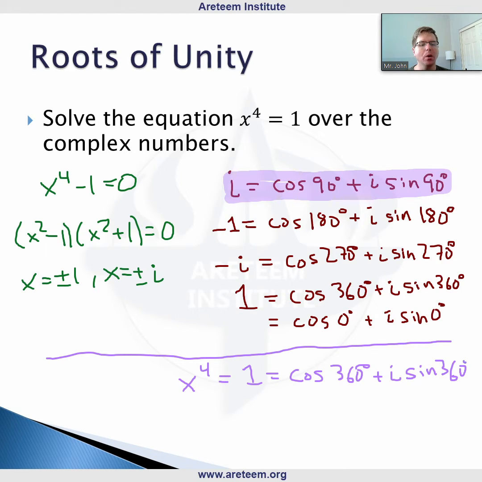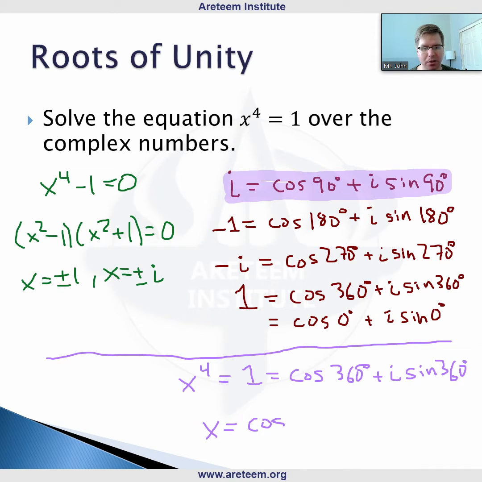Now, why do I want to write it like this? Well, by de Moivre's theorem, when we raise something to a power, when we have x to the 4th power, we multiply the angle. We multiply the argument there. What's the reverse of multiplying? The reverse of multiplying is dividing. So instead of multiplying the argument, if we want to take the 4th root of both sides, we can divide the argument.